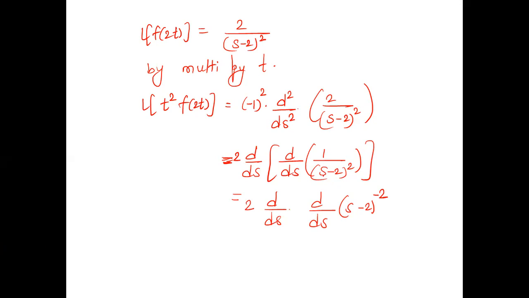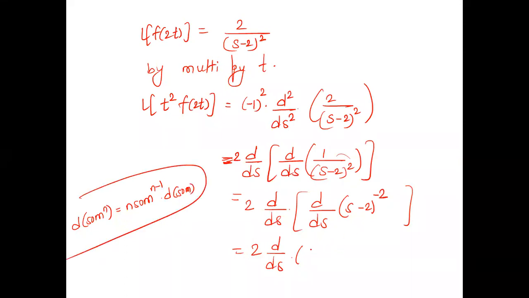We have a formula for 1 upon something, but not 1 upon something raised to n. So take it up. So it is 2 into d by ds as it is, and derivative of this is, what is the derivative? Minus 2 into s minus 2 raised to minus 3 into 1. Right, derivative of something raised to n I am using, n into something raised to n minus 1 into derivative of something.